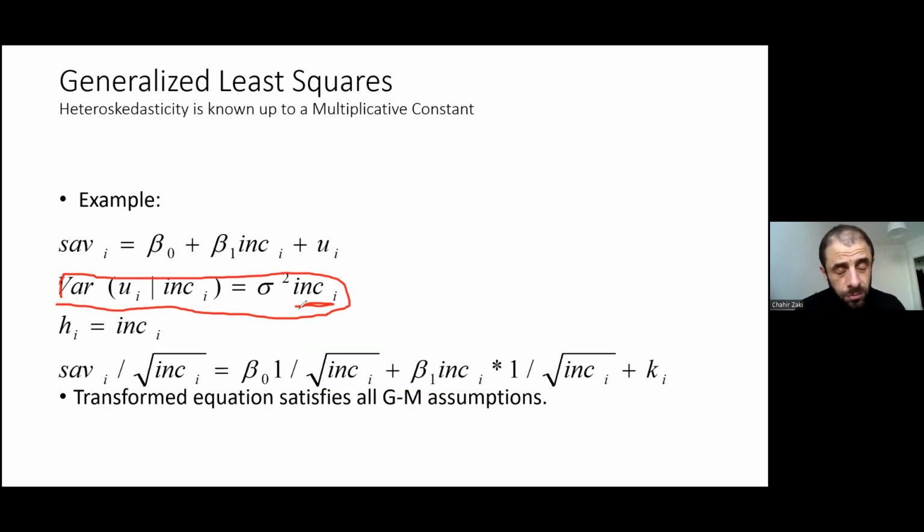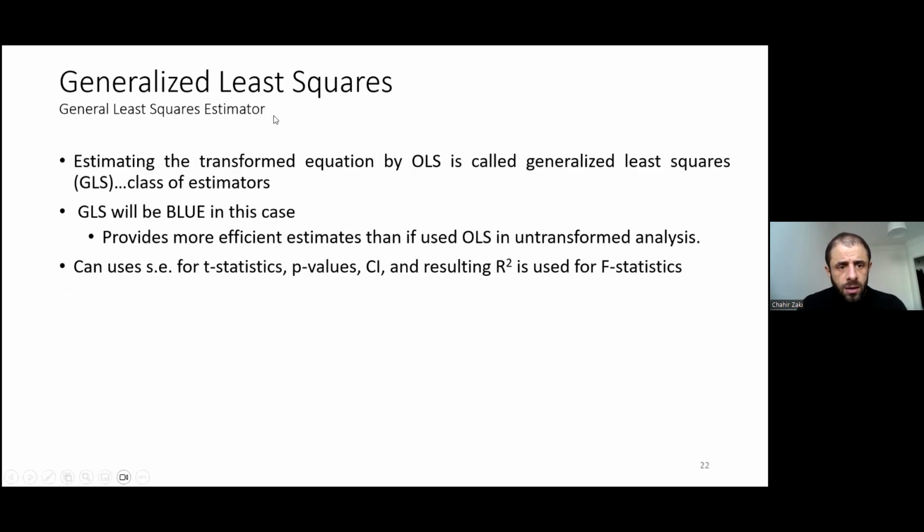This is a frequent problem, because rarely can we know how this equation looks. So we estimate the transformed equation by OLS, and that's the last equation.